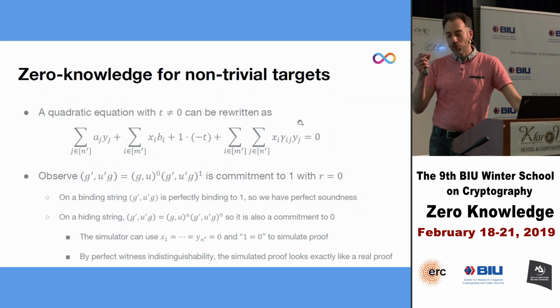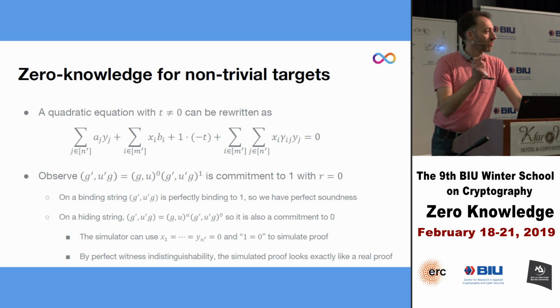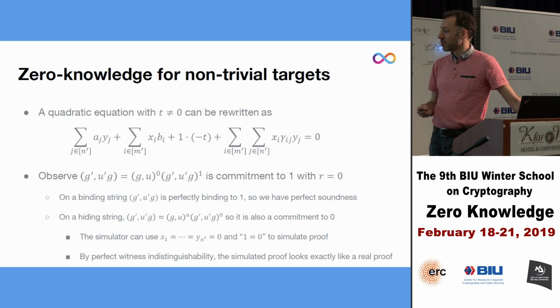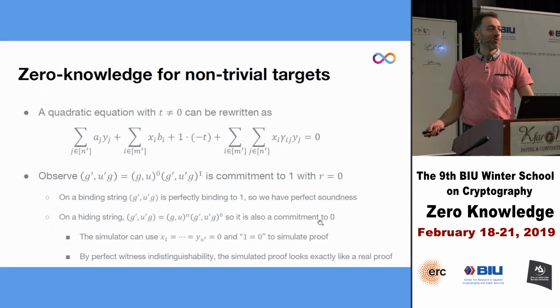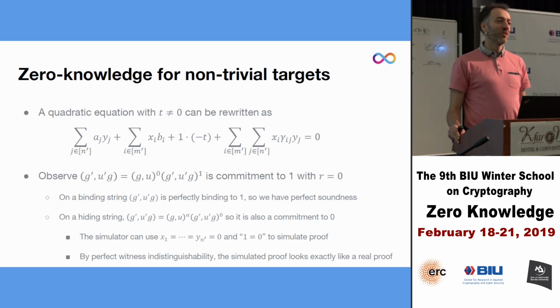So that's where you use the simulation trapdoor. The simulation trapdoor allows you to equivocate commitments to field elements, and you just use that to simulate the proof. And because everything is perfectly witness indistinguishable, nobody knows what's going on.